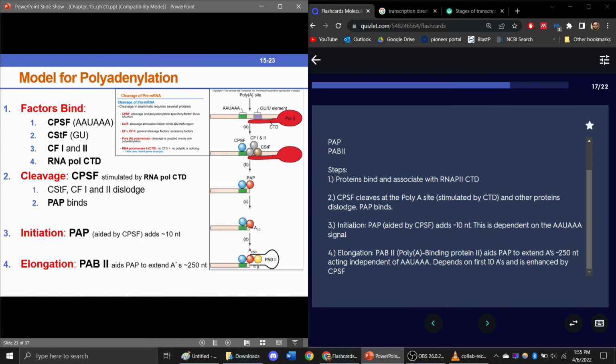On its own, it trucks through and does the first 10 nucleotides. But after that, PAB2 comes in, and it's going to help out PAP to take it down to 250. Sorry. Bear with me.